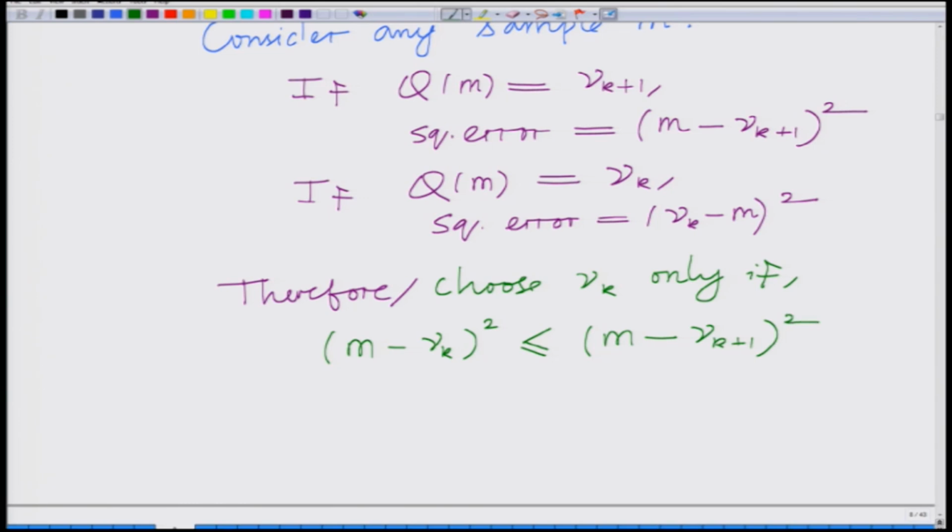That is the important observation: you are choosing nu k only if the square of the error m minus nu k is less than or equal to the square of the quantization error corresponding to choosing nu k plus 1.